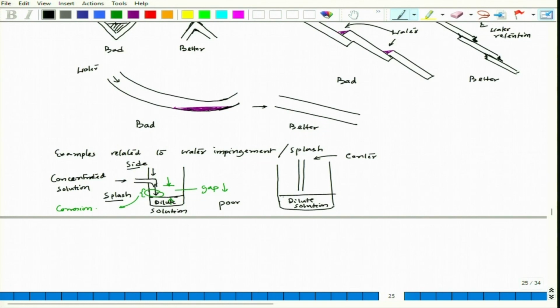Okay. So, that way we can avoid, so you see we can avoid splash related corrosion problem. So, this gap is less.